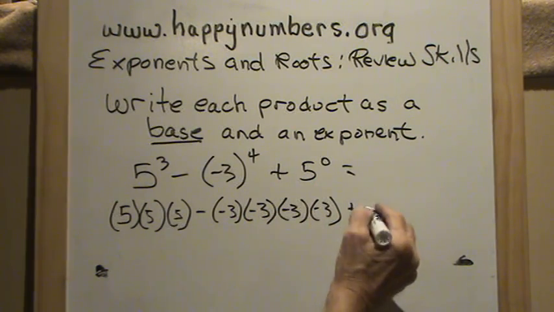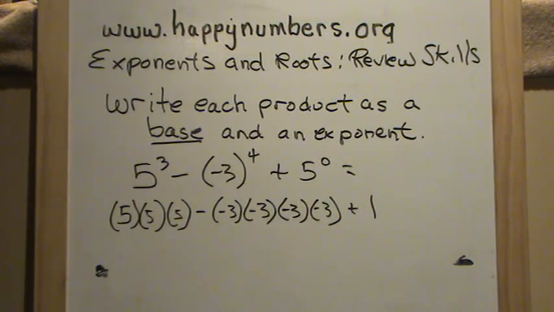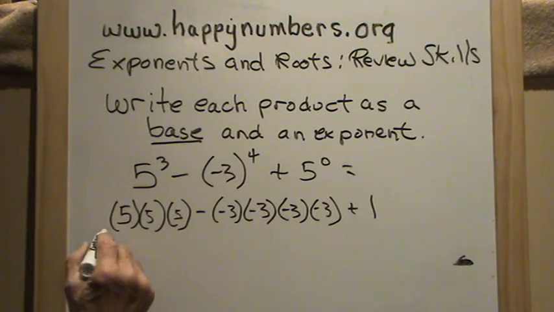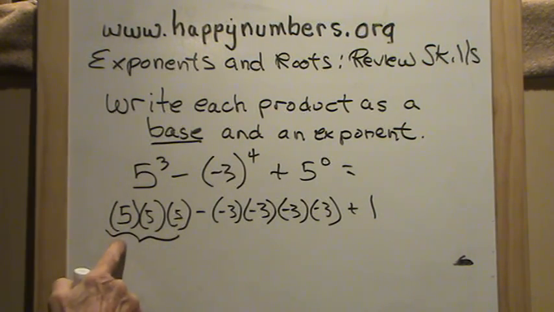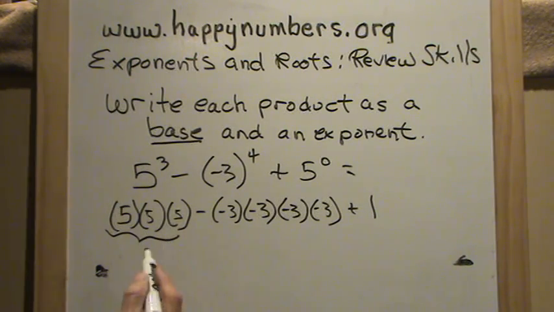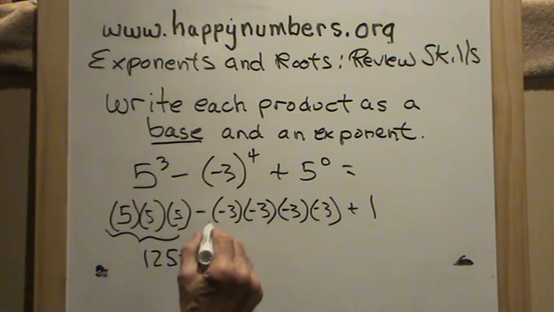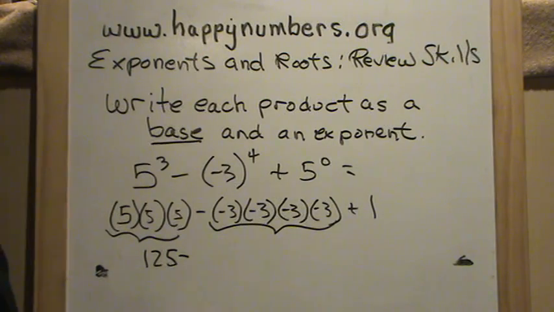Well, we know any number to the 0 power is equal to 1. Okay, well now let's do this piece right here. 5 times 5 is 25. 25 times 5 is 125. 125 minus, now let's do this piece right here.